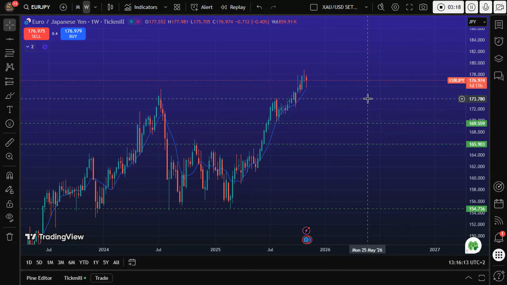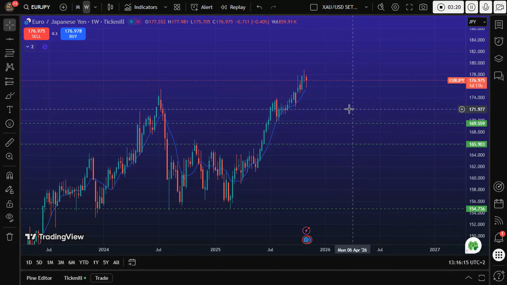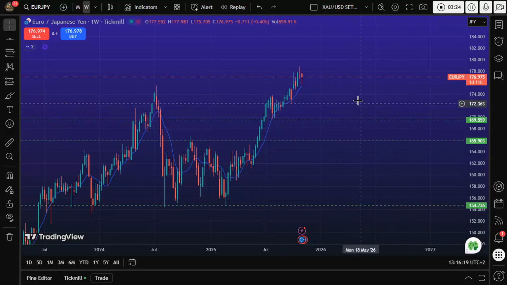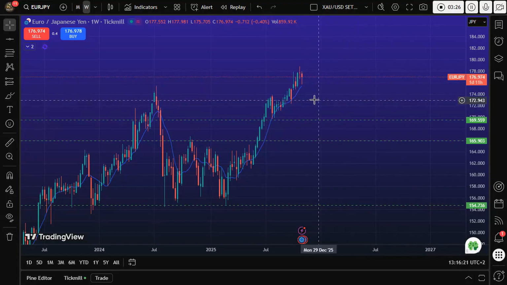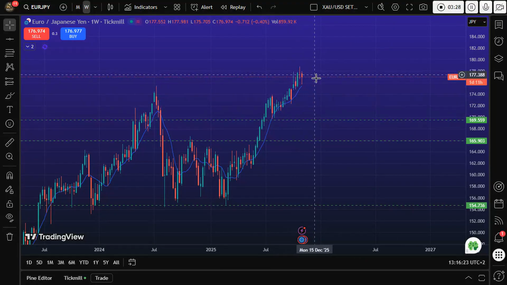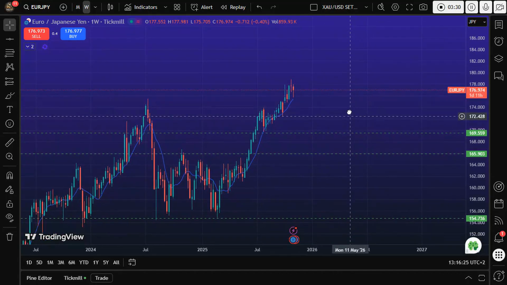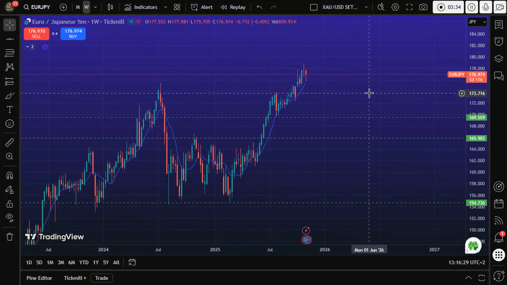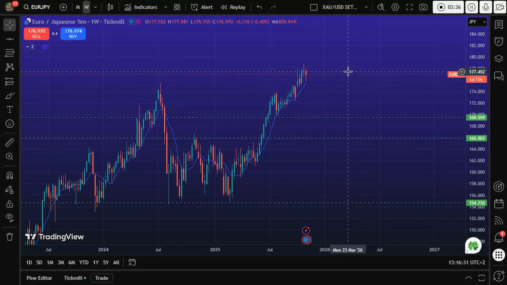So in this case, if I were to enter this trade, I would first go into my weekly time frame and check, okay, it's in an uptrend position. So what I'm gonna look to do, if it's in an uptrend position, I'm gonna look for sells.